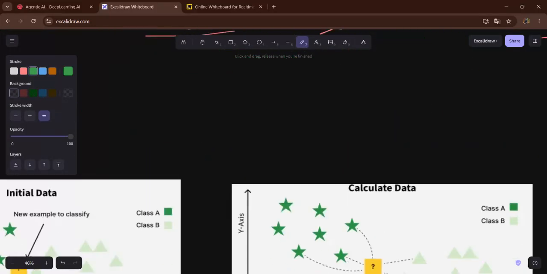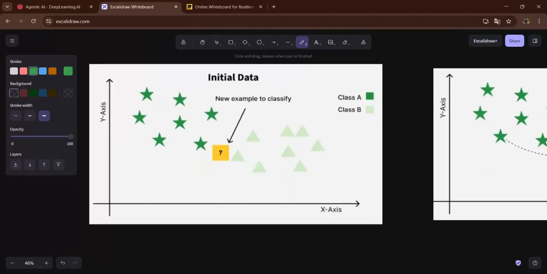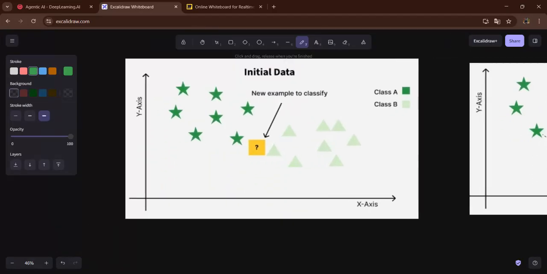Let's take an example, because without an example we cannot understand. Let's take the first picture. In the first picture, you can see that there are two classes.